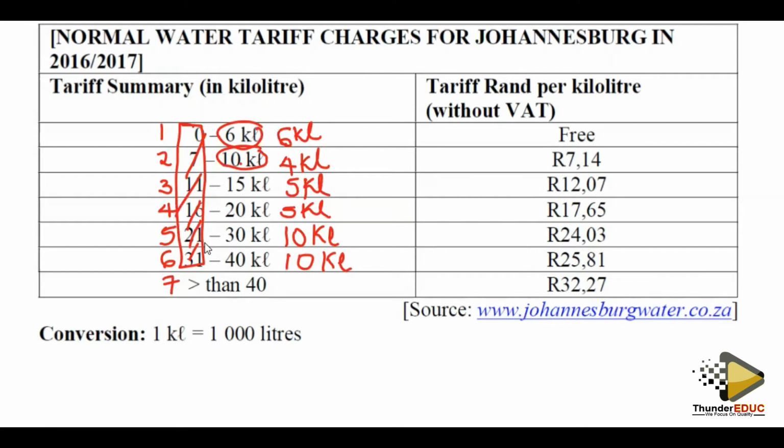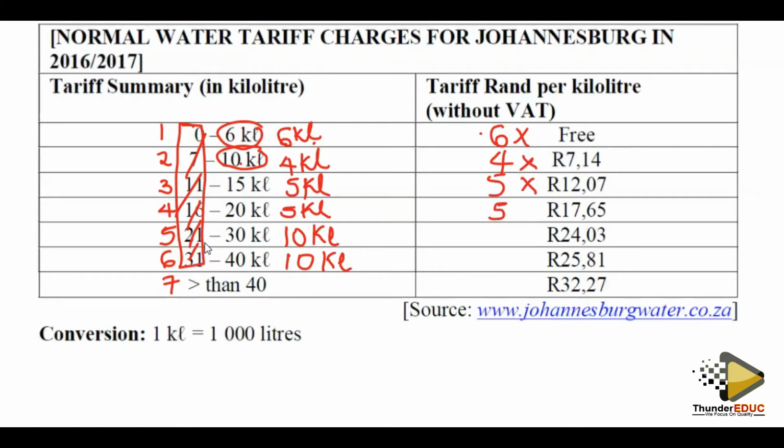So now we want to know what will be the maximum pay, excluding VAT. So simply, the first one would be the 6 you've got here. Come and multiply it with the price here. Why are you multiplying with the price here? Because the price is per kiloliter. So here we have 4, so it will be 4 multiplying with that. This is 5 multiplies with that.